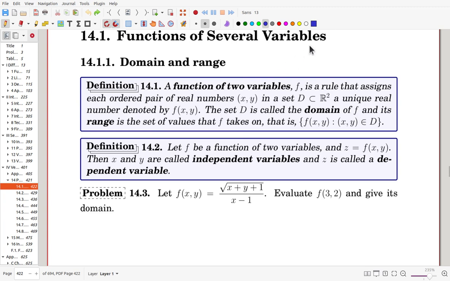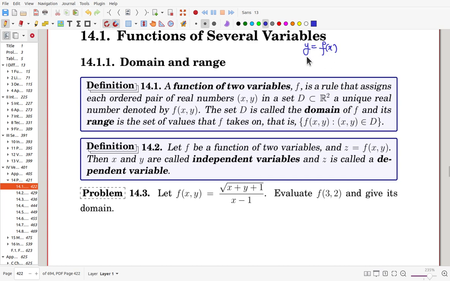You learned a function in this way: if y is f of x, then for each x in the domain, f assigns a unique number. If it assigns more than one, then it is not a function.